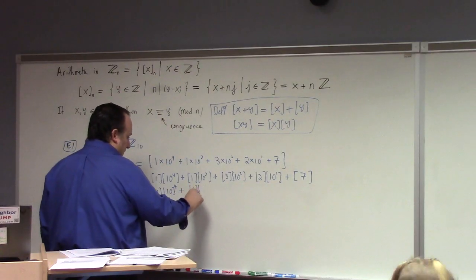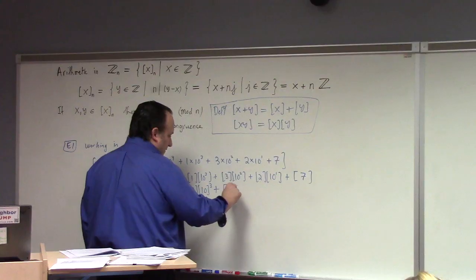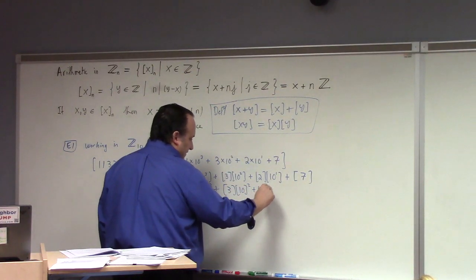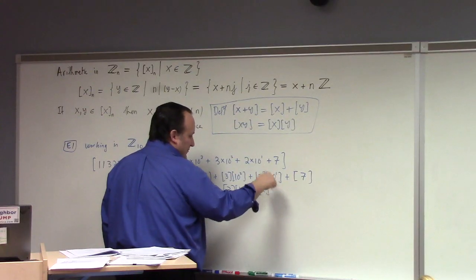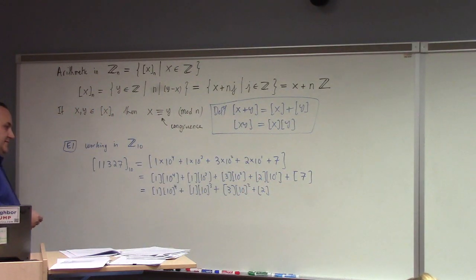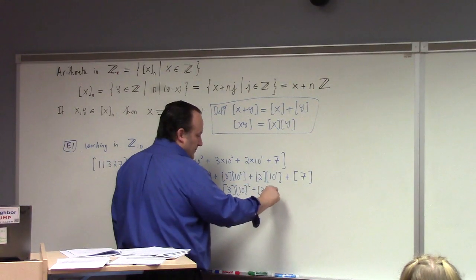Equivalence class of 10 raised to the 3rd power. I'm doing a lot of writing, which is just going to amount to nothing. I mean, what is 10 modulo 10? So like this thing right here, that is 0, you know?